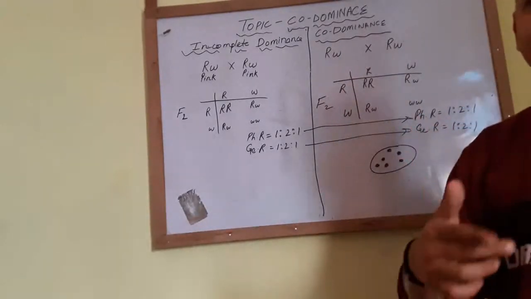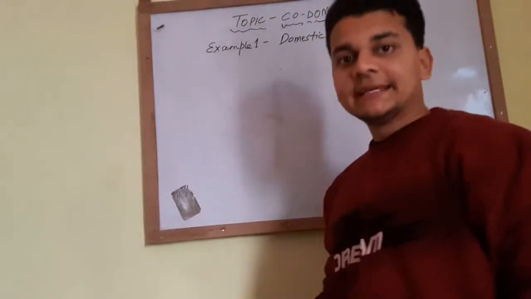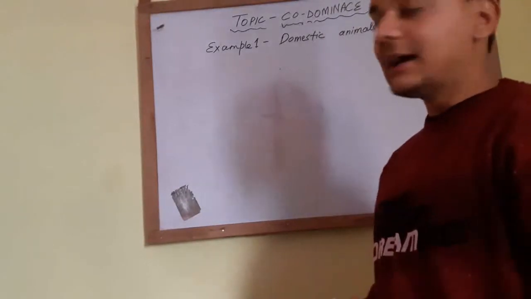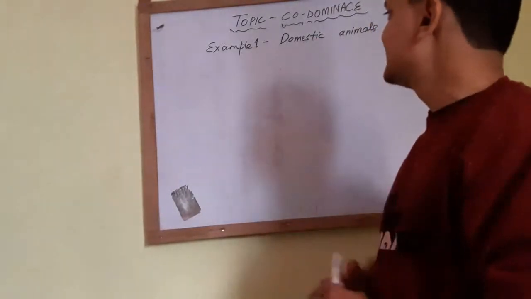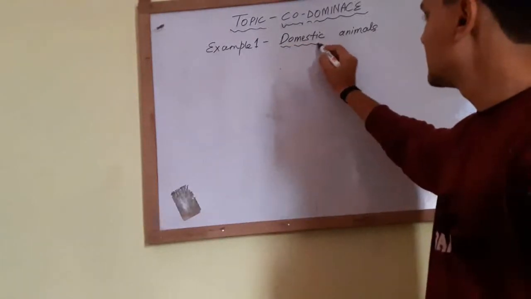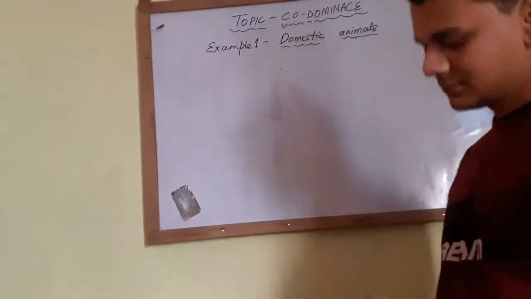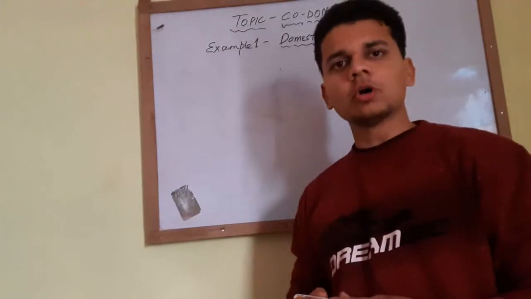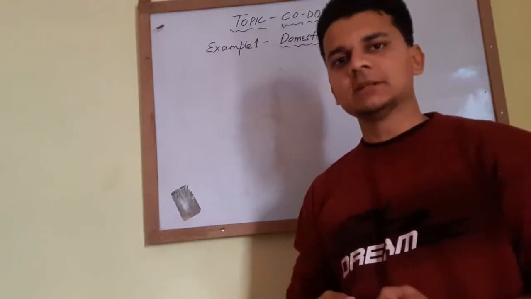Let's talk about certain examples. Okay guys, our very first example will be domestic animals. So how is codominance seen in domestic animals?